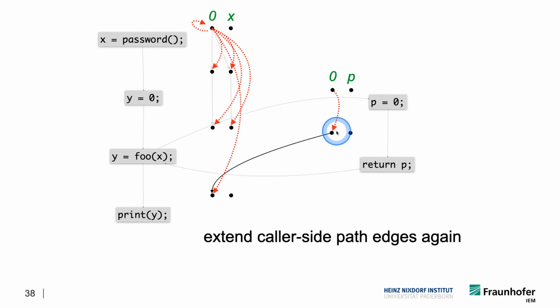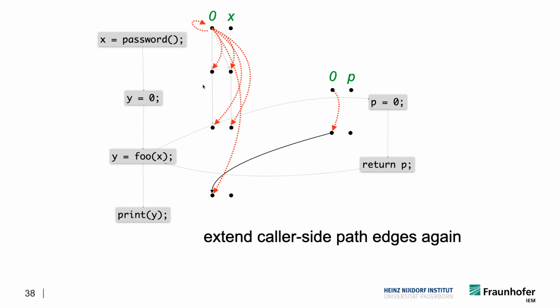So because of this edge here, we have just made reachable this node here in the caller. And this means that in the caller now, because this node has become reachable, we are again drawing such a path edge here. Okay, so the path edge is actually now going to this node. So it's again a summary that is intra-procedural with respect to this particular procedure here.